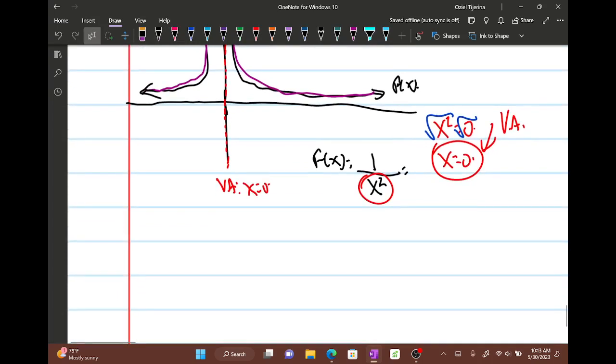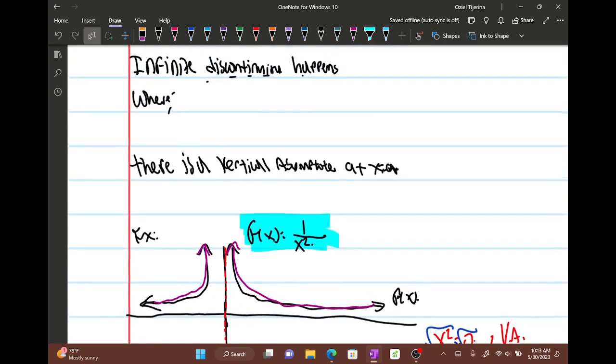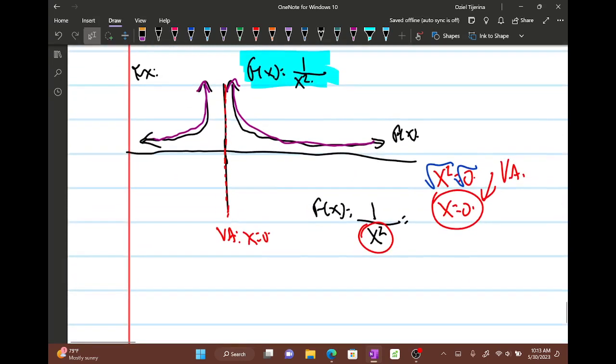But that does not tell me that the limit as x approaches 0 of f of x is really infinity. But at the same time, that does not, how do I say it?